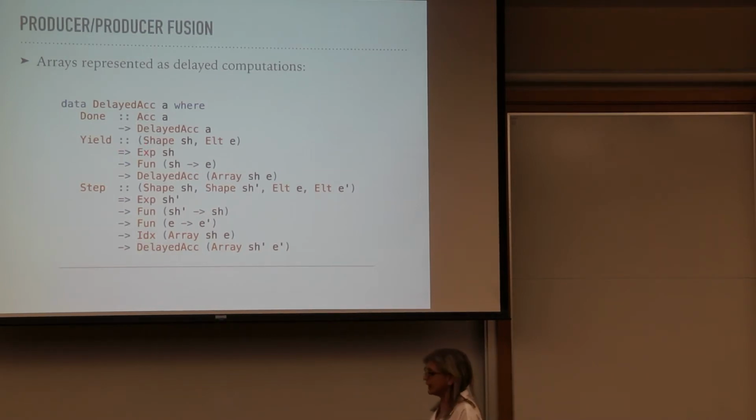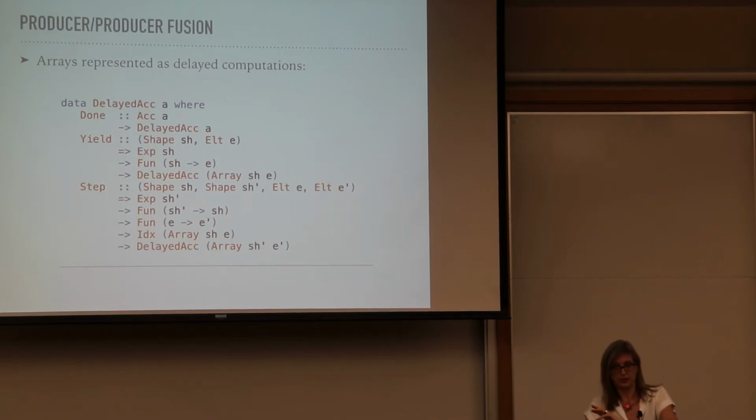So in yield, it is not actually clear or obvious in the function from shape to e. That could be a function that reads from an existing array, maps some operation to it, and then returns the result.